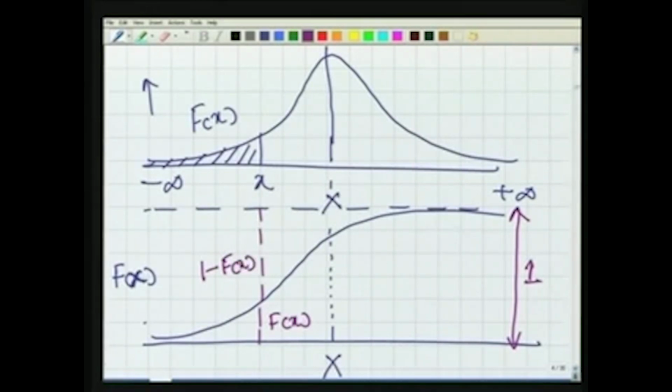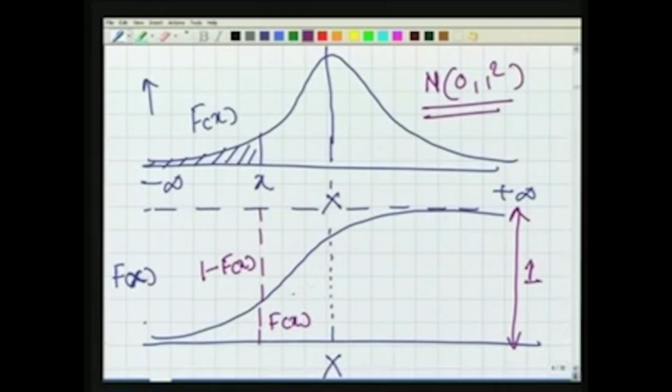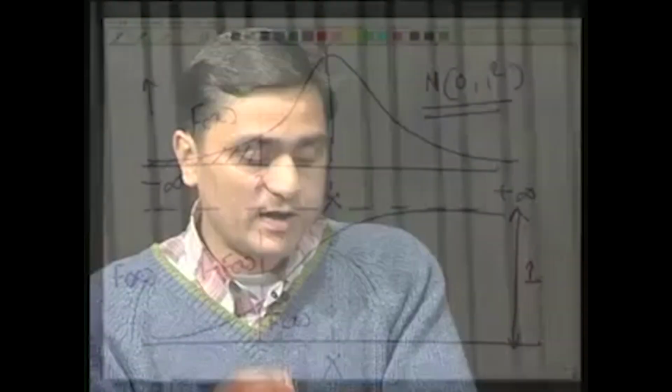So, for our standard normal curve, N(0, 1 squared), these values are known. There are some standard tables where all these values are known against the variable. So, we will make use of those in a while.